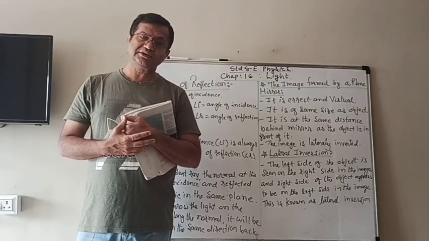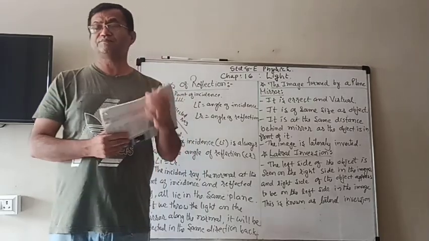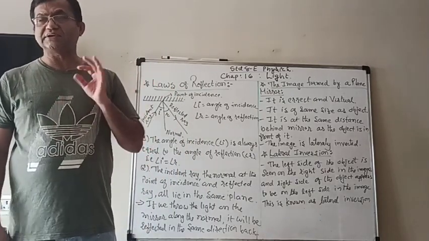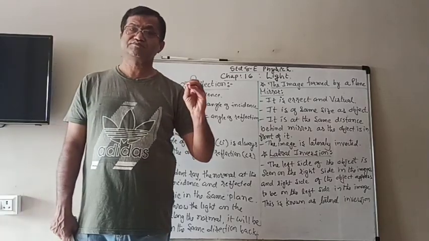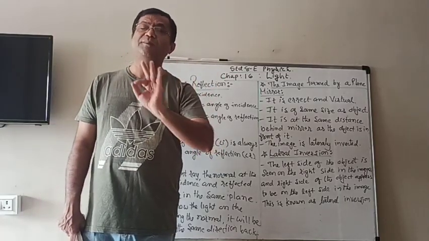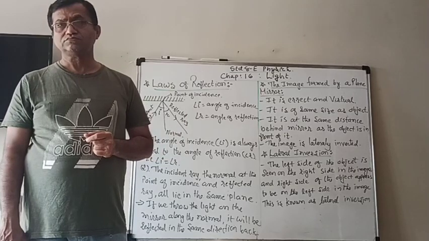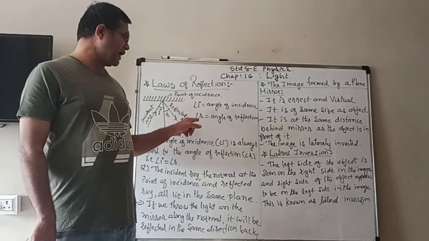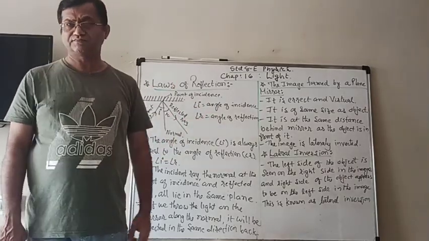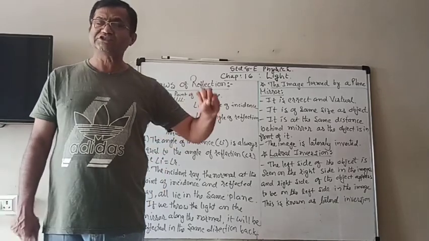You will observe that every time the angle of incidence is the same as the angle of reflection. So whenever you find angle I and angle R for different angles, both angles will be the same.